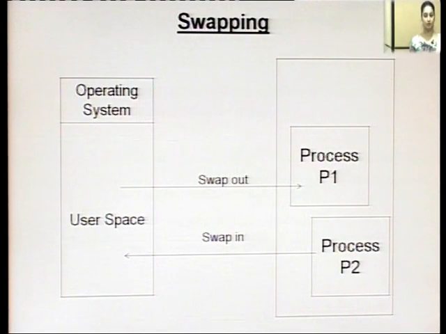We are putting P1 out from the main memory to the physical memory. Here P1 goes from main memory to the physical memory and P2 goes into the main memory. This is the process of swapping. One process comes out from the main memory and the other one comes into the main memory, that is called swapping.